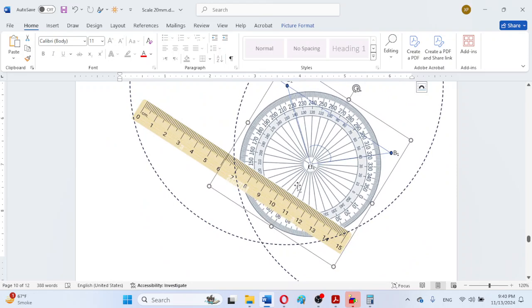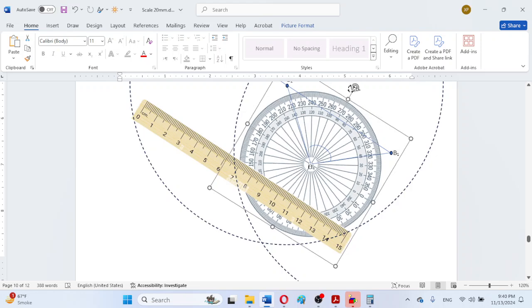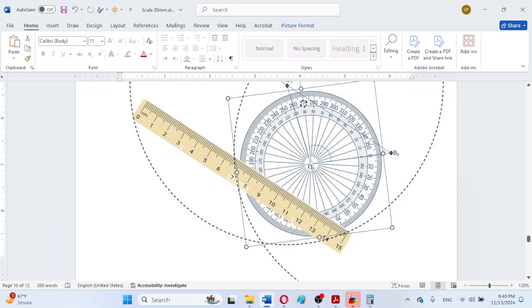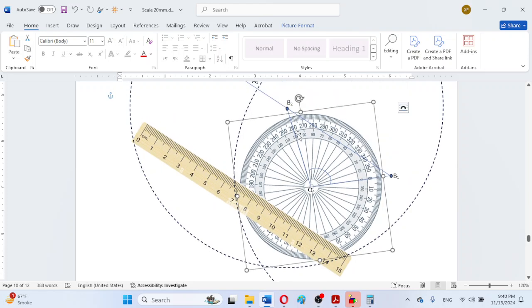As we can observe here, place this protector like this, and as we can observe here, 0 1 2, this is a 100-degree throw if we are carefully observing the inner protector markings 10 20 30 40, and this is 100 degrees.